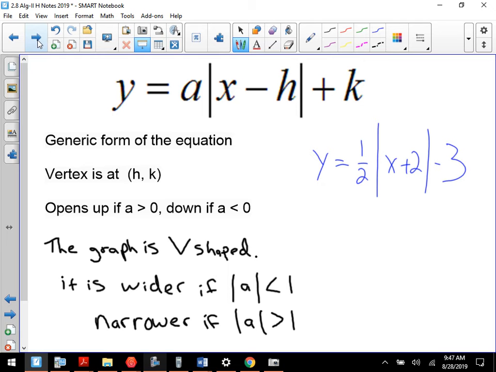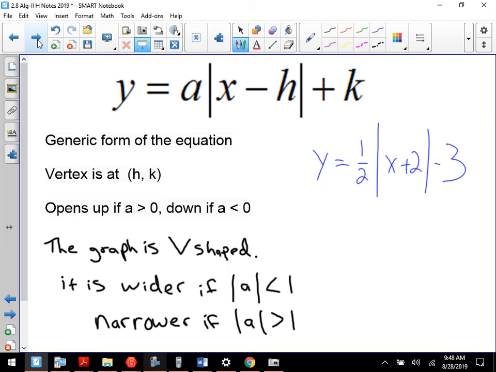Next semester we'll get to stuff like that as well. All of these H's and K's just stand for horizontal, moving left and right, and vertical, moving up and down. Yes, sir?